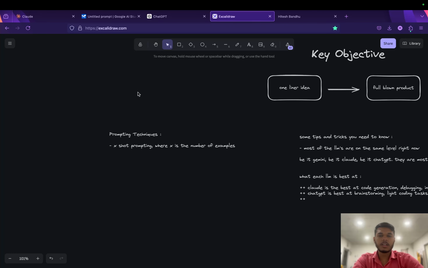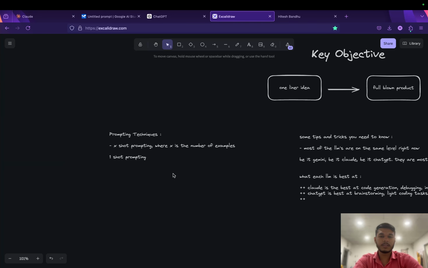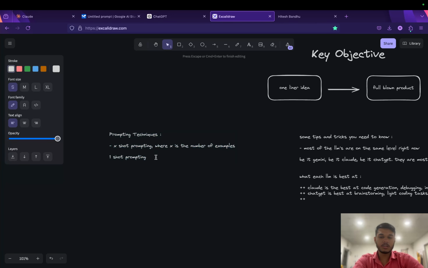Let's say I say to an LLM, write me a blog post, and I give it one example. That would be called one shot prompting. If I say to the LLM, okay, I'm giving you two examples, that is two shot prompting. If I don't give any, that is called zero shot prompting.